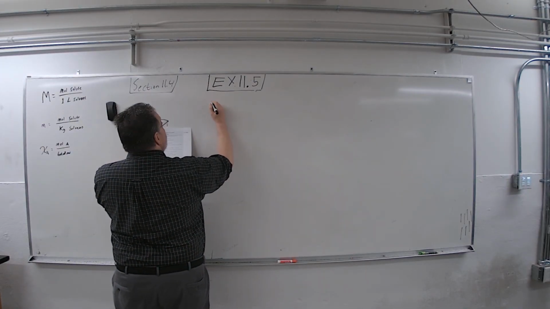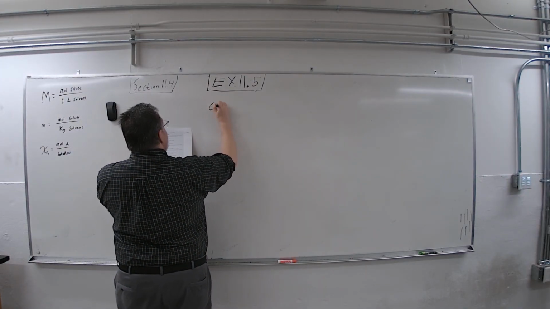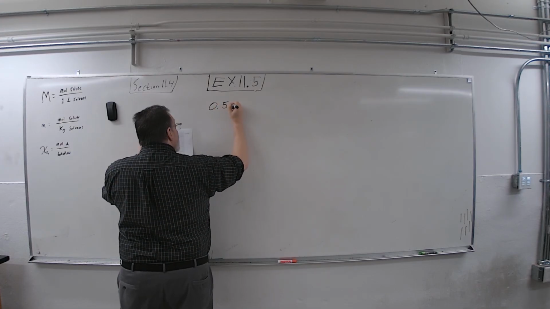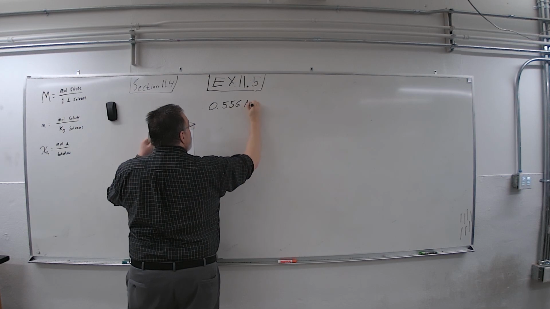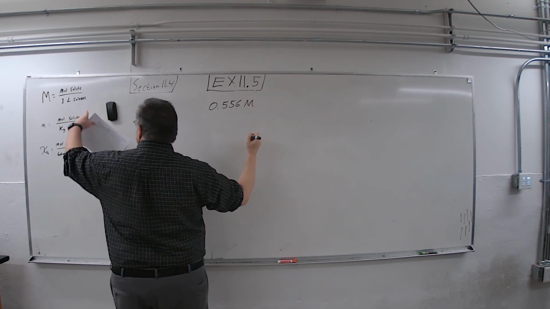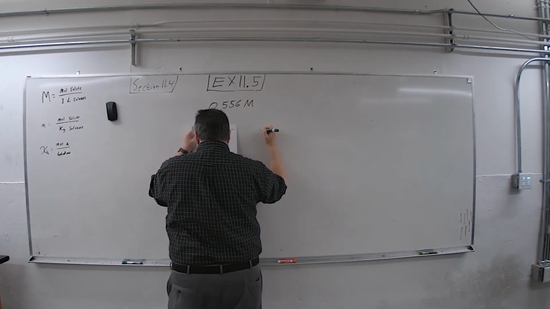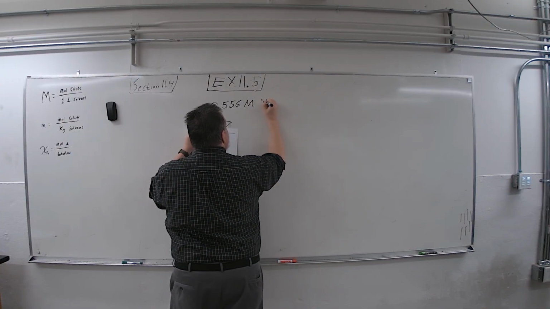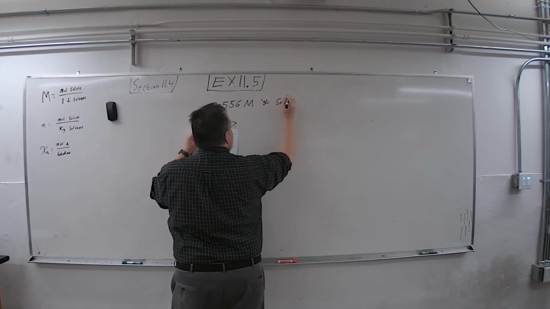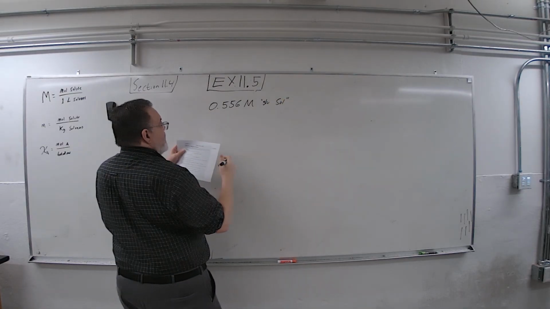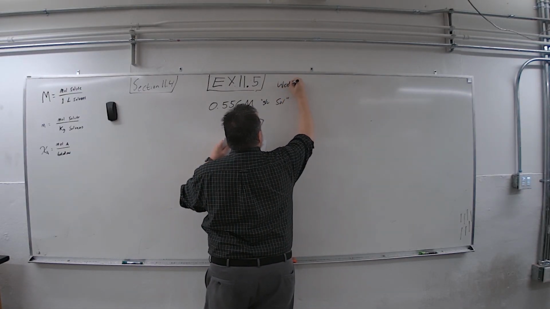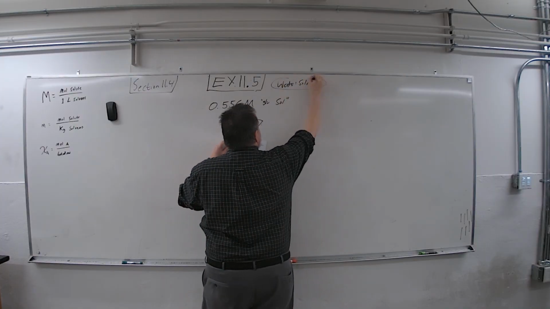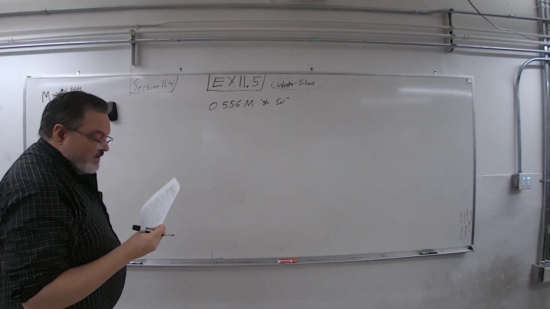So this problem, 11.5, says you have 0.556 molar, so that's from last semester, the molar glucose solution. And here water is the solvent. It really needs to be stated. This book just kind of belies that.